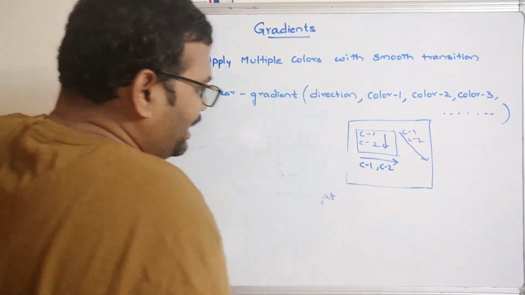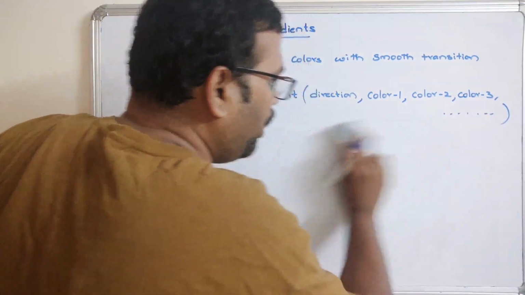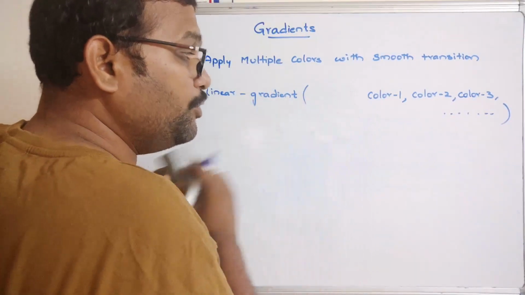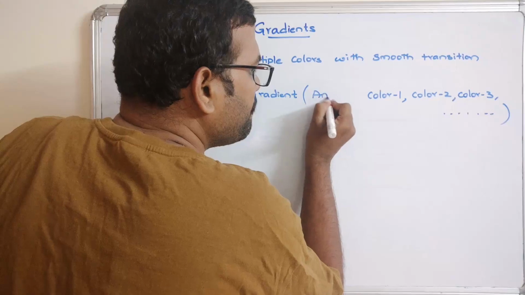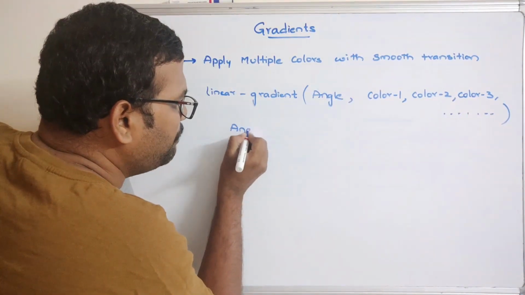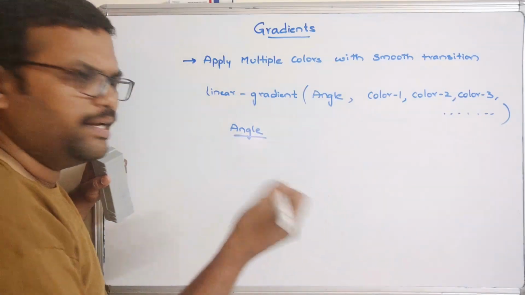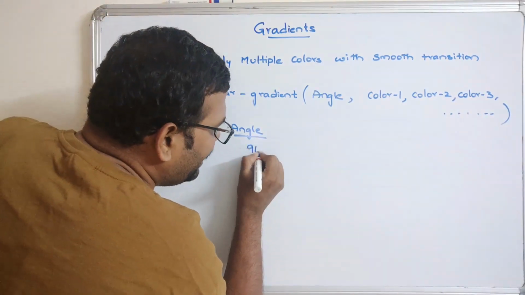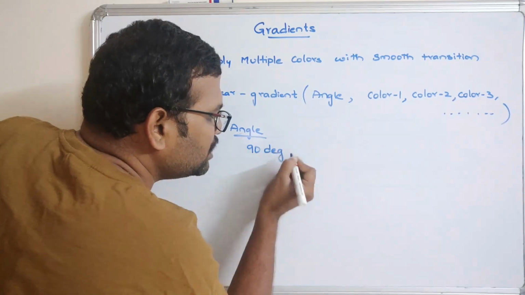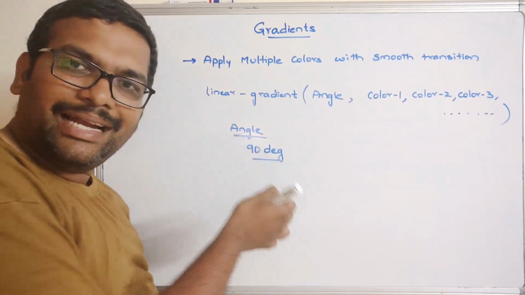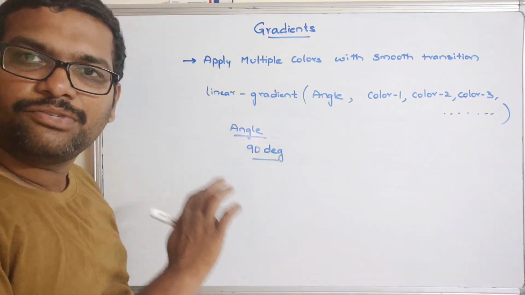And the second way of giving this linear gradient: instead of giving the direction, you can give the angle, in terms of degrees. You can give some 90deg. This is most important: you have to specify it with the letters deg. deg stands for degree.